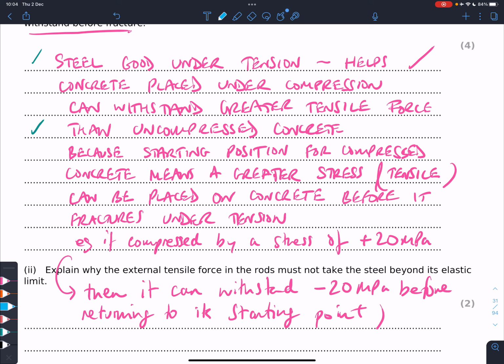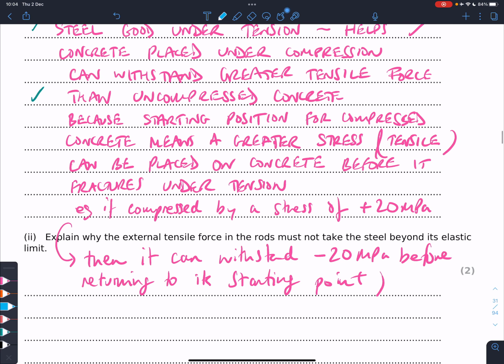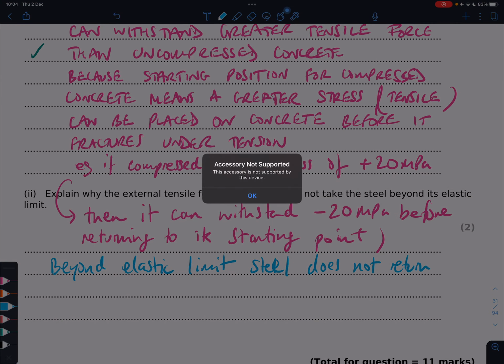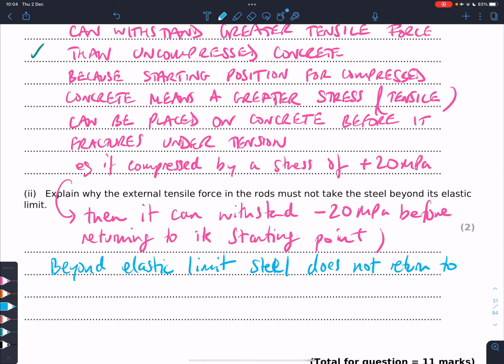Right. Next part, explain why the external tensile force in the rods must not take the steel beyond its elastic limit. Okay, so beyond elastic limit, steel does not return to its original shape.